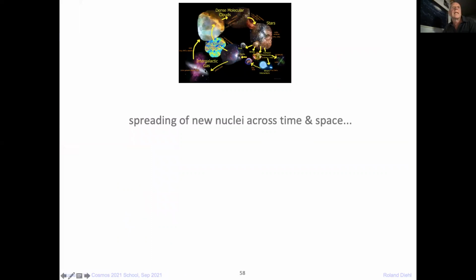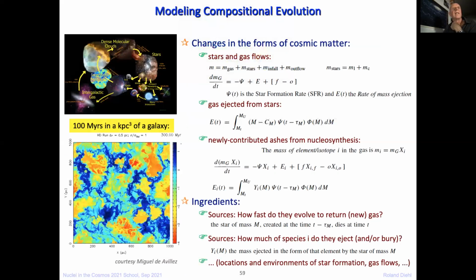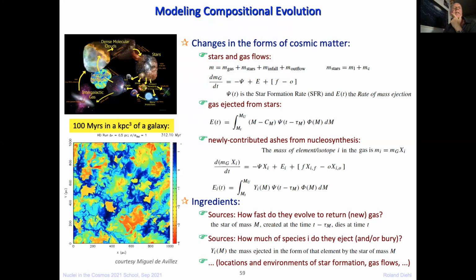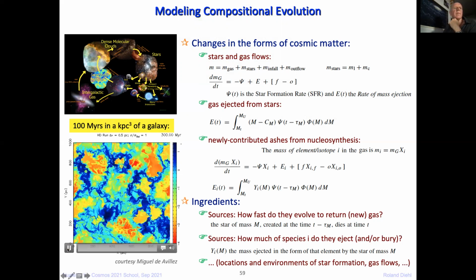So we are looking at the spreading of new nuclei across time and space. And in this case, this movie here shows 100 million years of 1 kiloparsec of interstellar medium. Sorry that the movie seems to be interrupting. It shows how dynamic such an environment actually is.